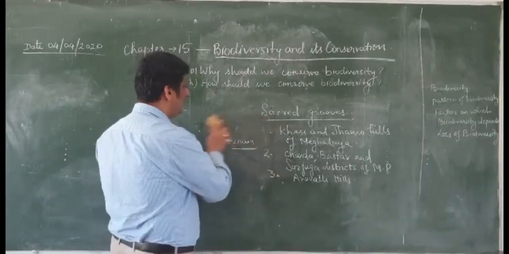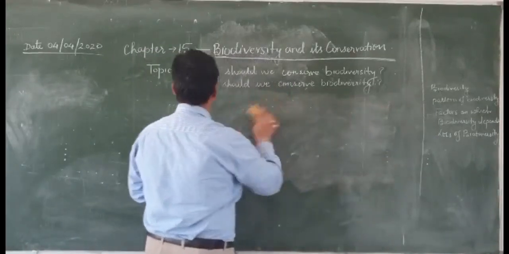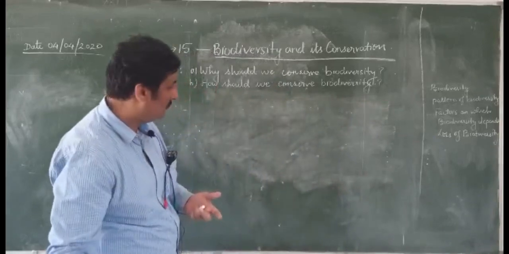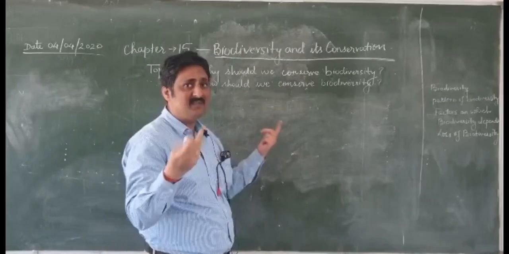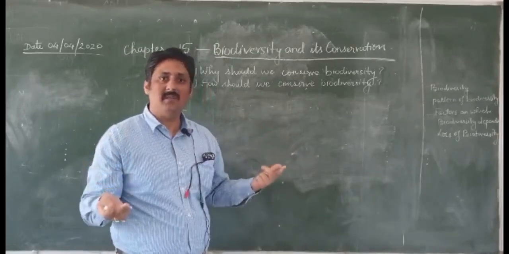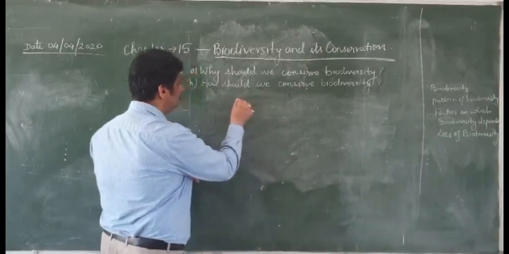Now, let us talk about the ex situ method of preservation. We have already discussed the in situ method, and now we will be discussing the ex situ method of conservation.